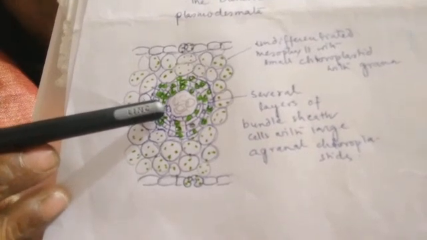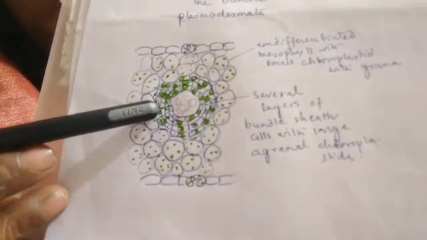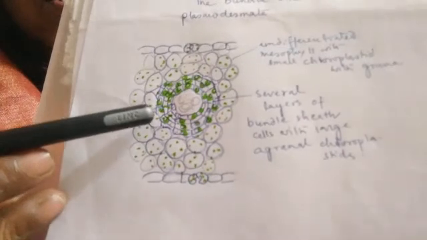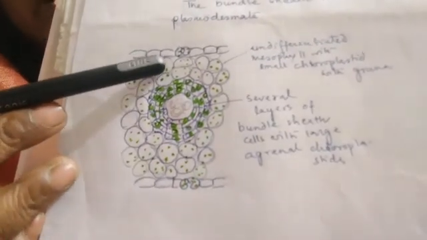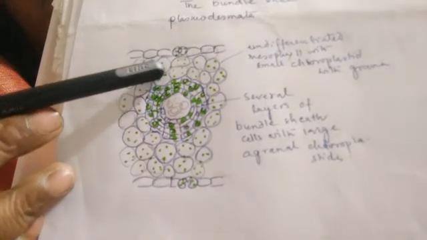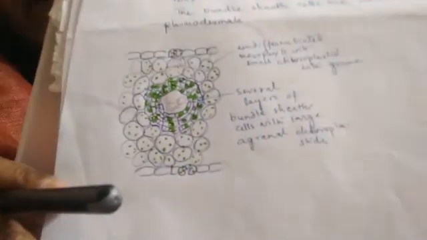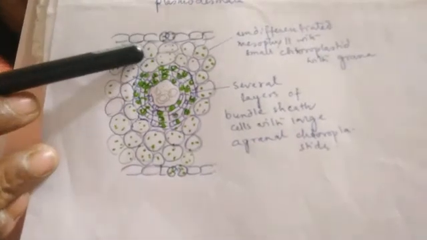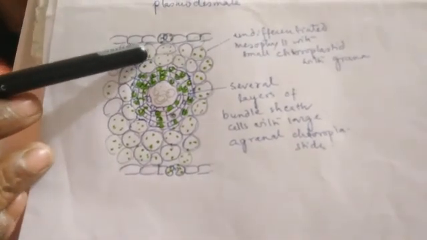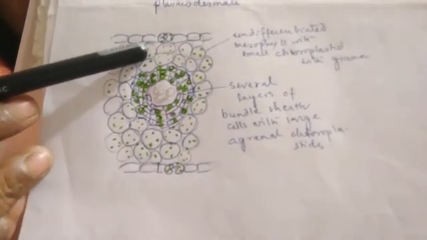That means conversion of the CO2 to carbohydrate. In the mesophyll cell, for fixation, the chloroplast stroma contains phosphoenol pyruvate and phosphoenol pyruvate carboxylase for the fixation of CO2.